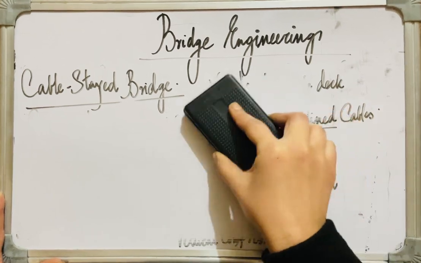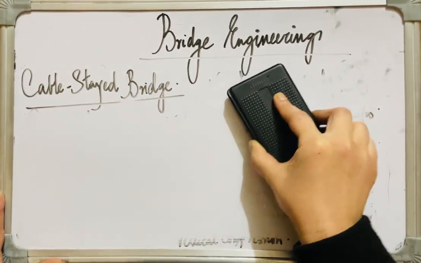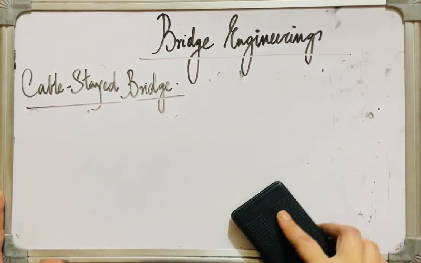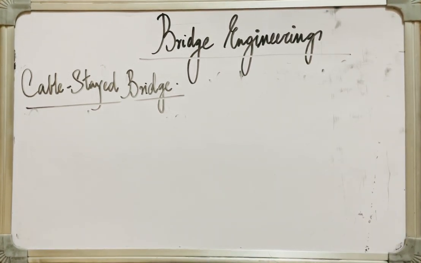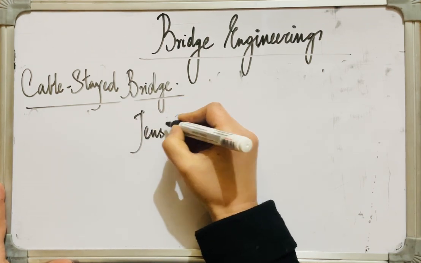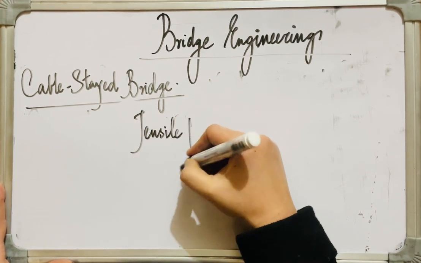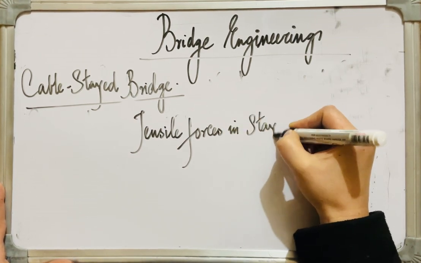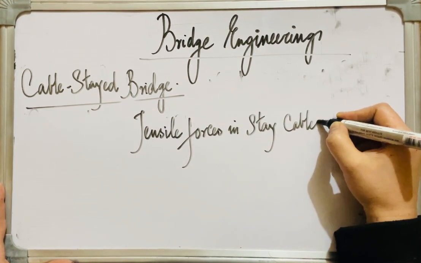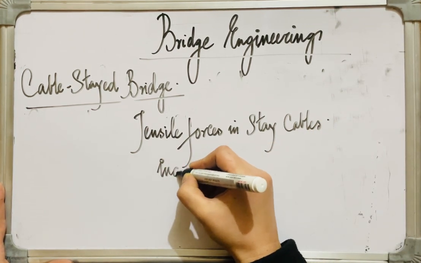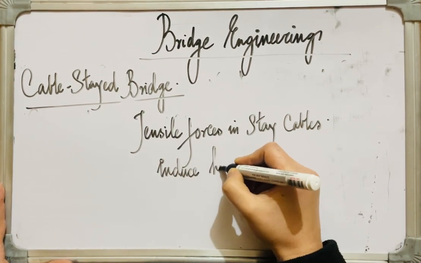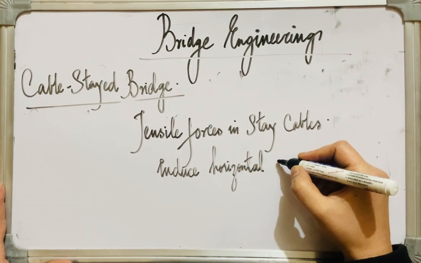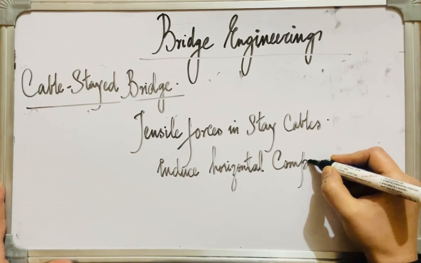The loads from the deck in case of a cable stayed bridge are carried by nearly straight inclined cables which remain in tension, and the tensile forces in the stay cables induce horizontal compression in the deck. Horizontal compression in the bridge deck in case of cable stayed bridge.